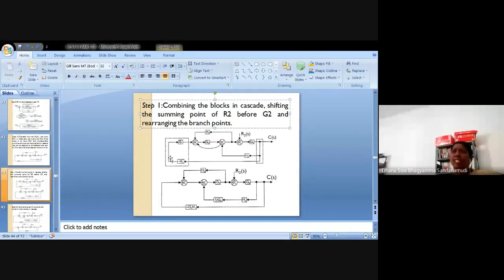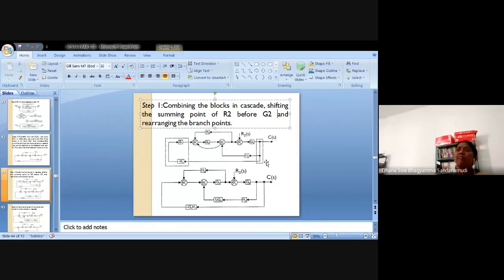So in step number 1, I am combining the cascade blocks, as well as I am doing one more operation here, which I have not explained. It doesn't matter, in one step you can perform more than one operation, your wish. Otherwise you can perform only one operation.